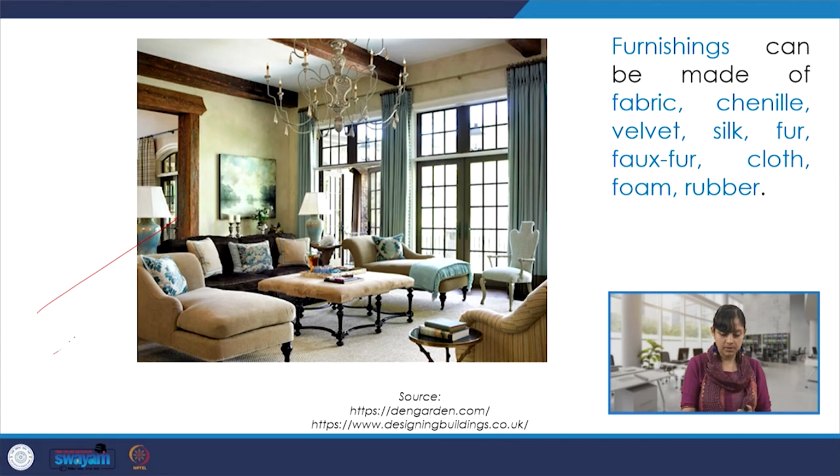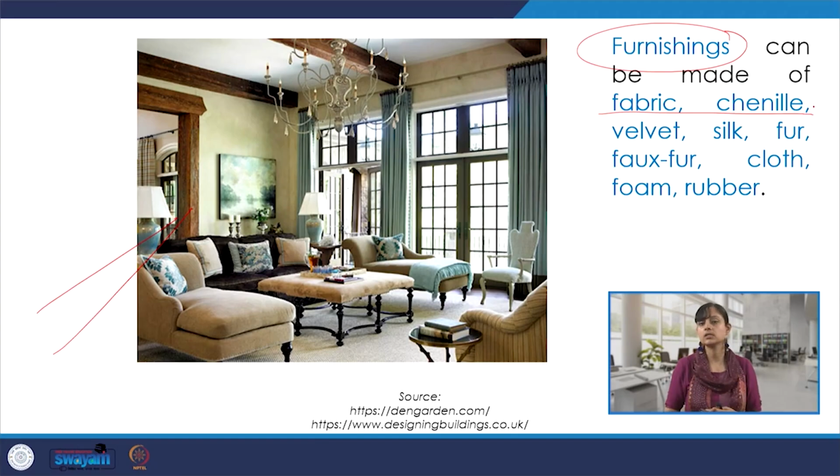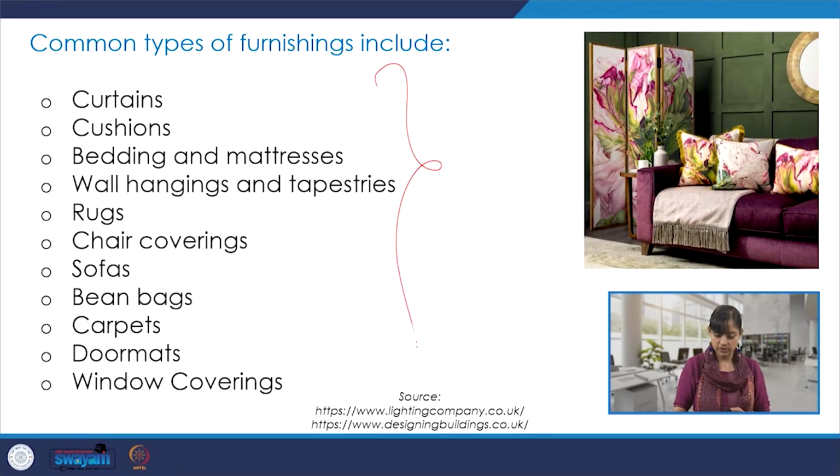Again, some examples when we talk about furnishings we see over here. They could be fabric, chenille, velvet, faux fur, rubber, any kind of clothing, textile material, rugs, all of those. So these are the types of furnishings, very popular ones: curtains, cushions, bedding and mattresses, some wall hangings and tapestries.